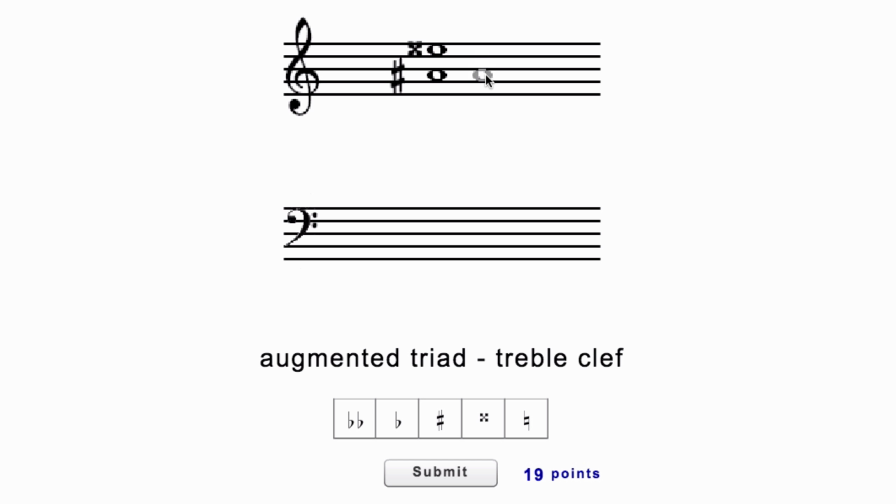So A sharp to C sharp would be a minor third. And we really need a major third there, major third plus augmented fifth to make it augmented. So I need to change that. I need to go A sharp to C double sharp there. It's a harder one. And we are done.